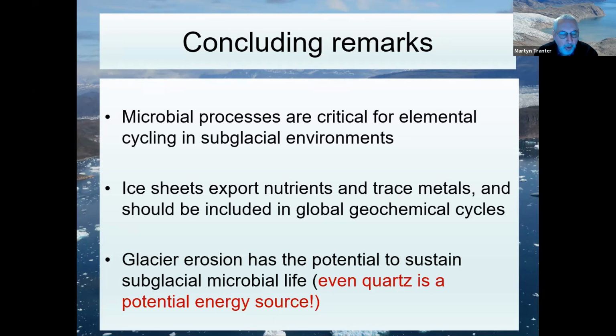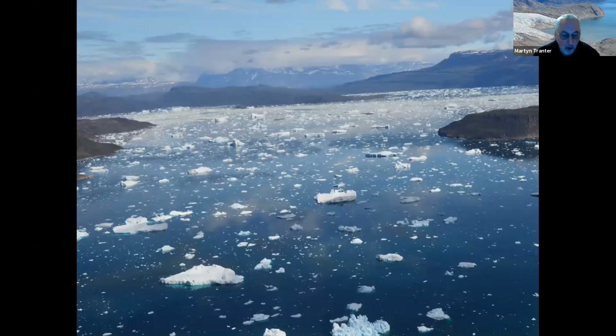And then, bonkers though it sounds, glacier erosion happens the world over, has the potential to sustain subglacial microbial life by producing these free radicals, which in turn produce hydrogen and hydrogen peroxide. And here's something, even quartz is a potential energy source. And with that, I'll leave it for any questions that you might have.